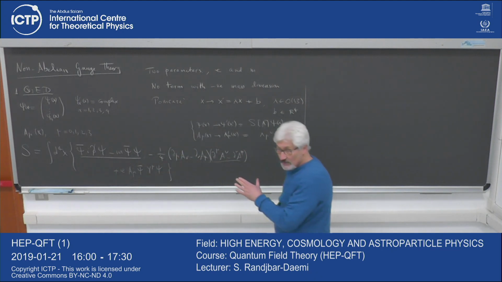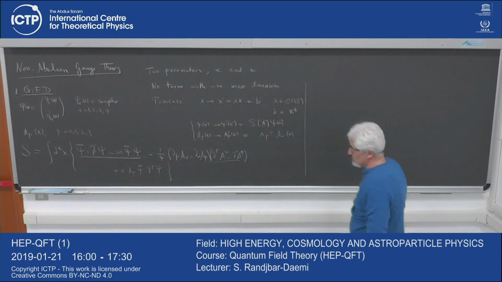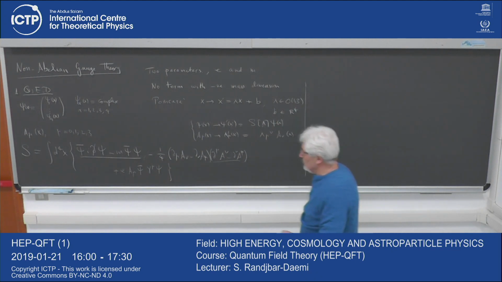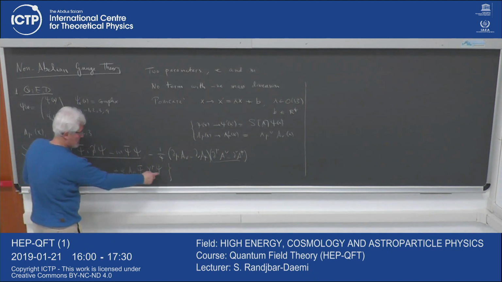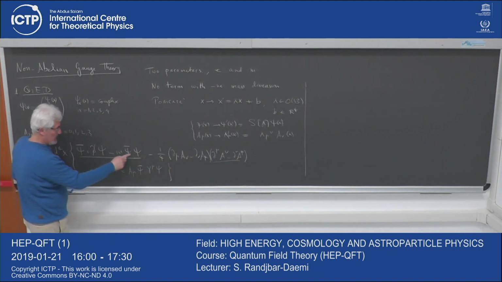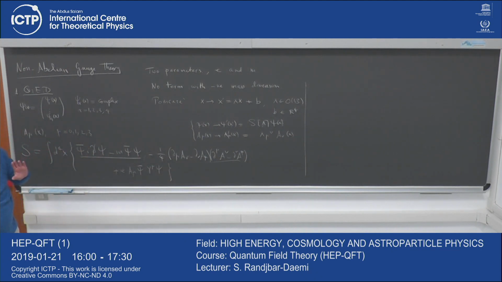But this is not the most elegant way of writing this. It's too long, and you do not see the structure very well. So what we are going to do is to put all the bilinear terms in fermions together. This is bilinear, that's bilinear, that's bilinear. You note that there is no power of fermion field higher than 2 in this action. Okay?